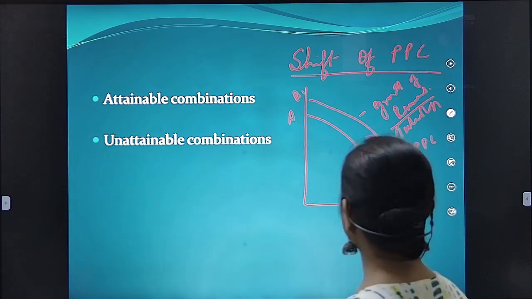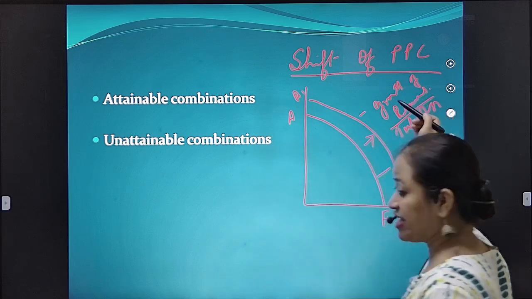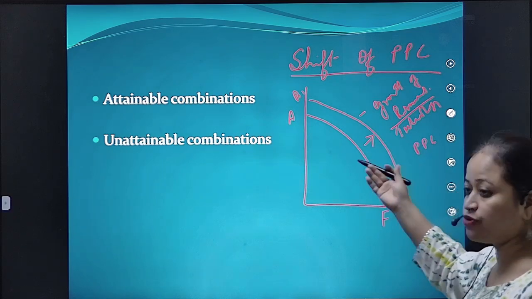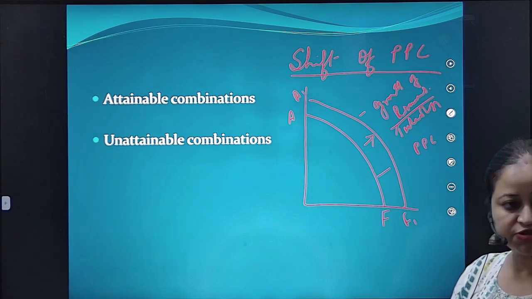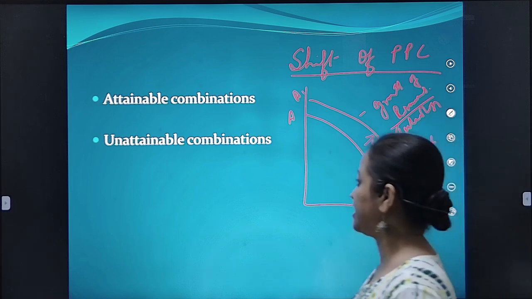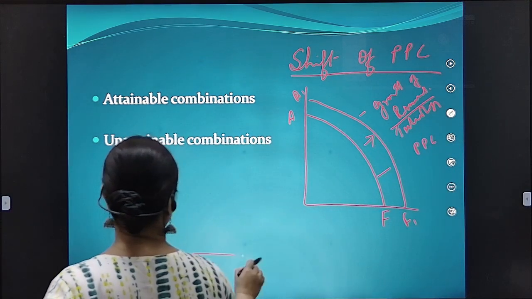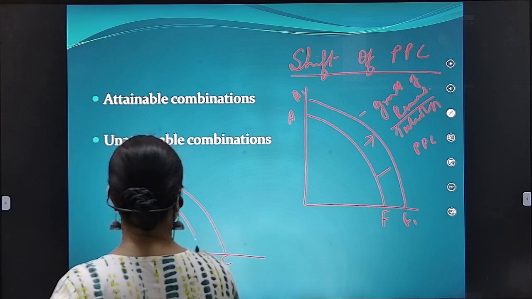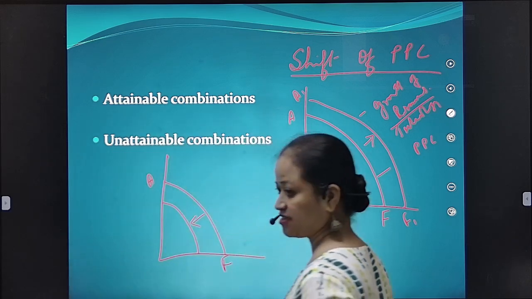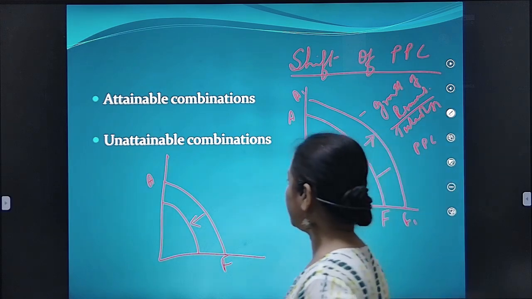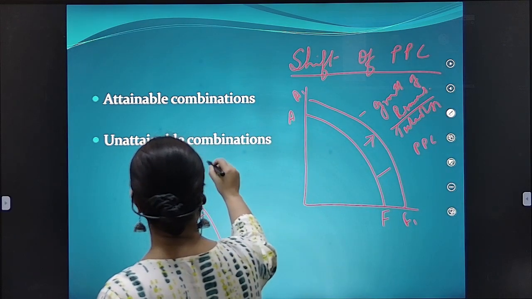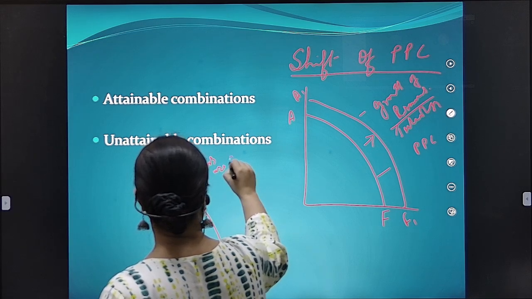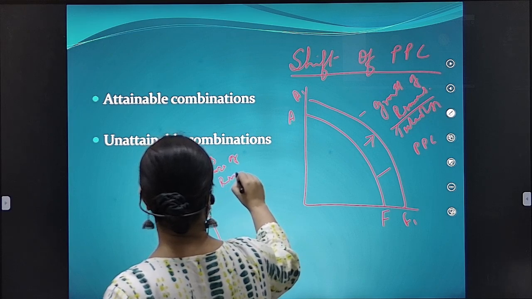Rightward, yes. And when resources are reduced and the technology is outdated, then PPC will go towards the left side. So this is the earlier PPC, and it will go towards the left side. Fine? Here this is the case of less use of resources.